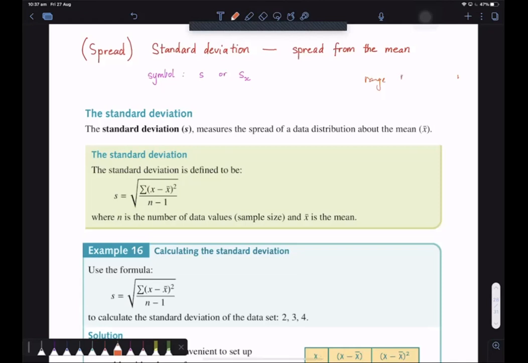The range measures from the start all the way to the end, right? The interquartile range measures the middle 50%, but the standard deviation, I'm going to represent it as SD or just SX here.